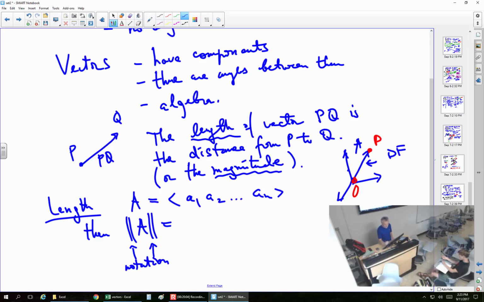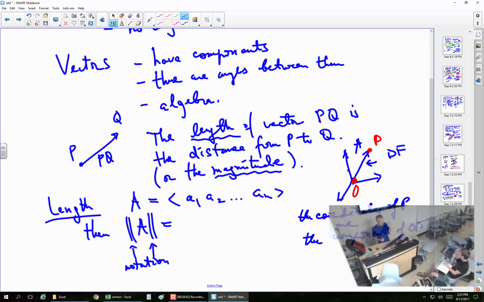The distance formula is applied not to the vector, but initially to those 2 points, O and P, and fortunately, as we just established, in that particular case, the coordinates of P are the components of OP. Okay, let me write it down. Coordinates of P are the components of OP.